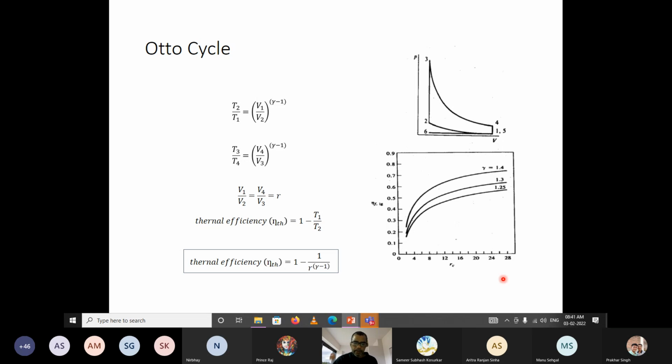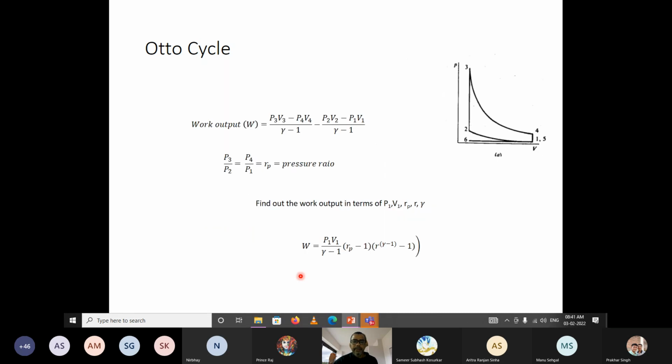Okay, so that is one of the parameters, the thermal efficiency of the gasoline engine or Otto cycle. Then we need to consider the total work output. How can we calculate the work output? The area enclosed within this curve, that is 1, 2, 3, 4, is what gives us the work output.